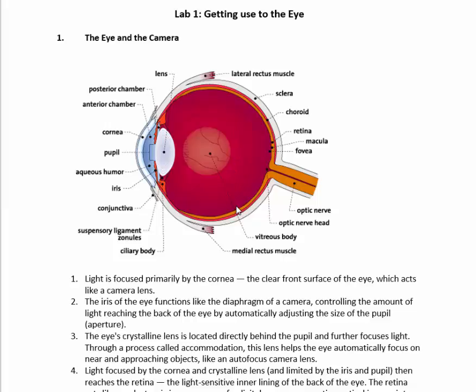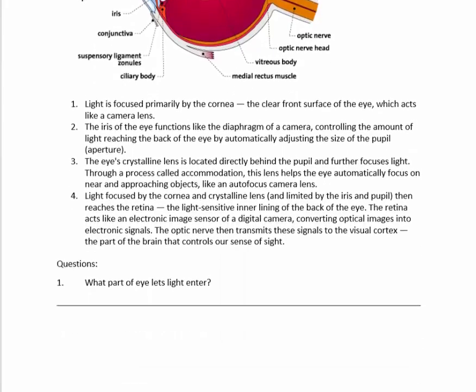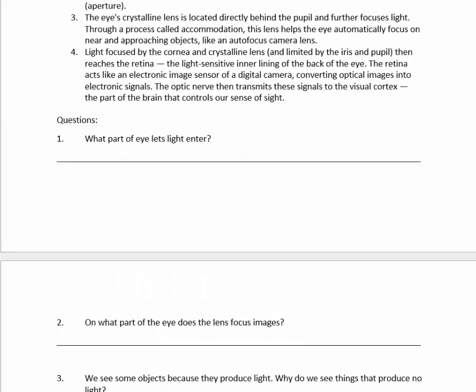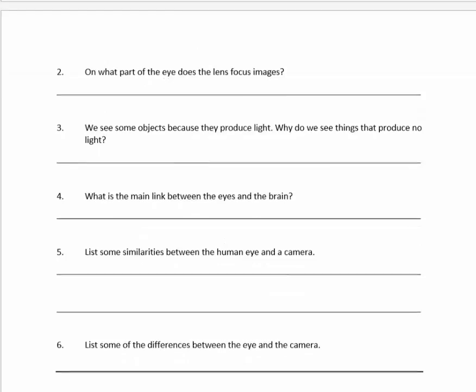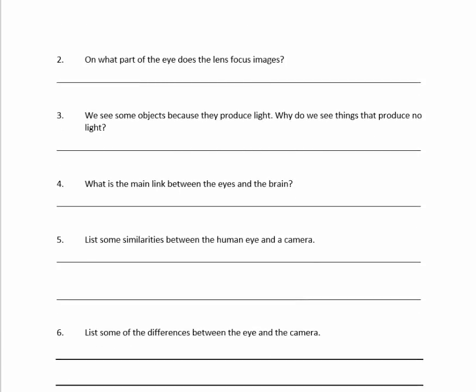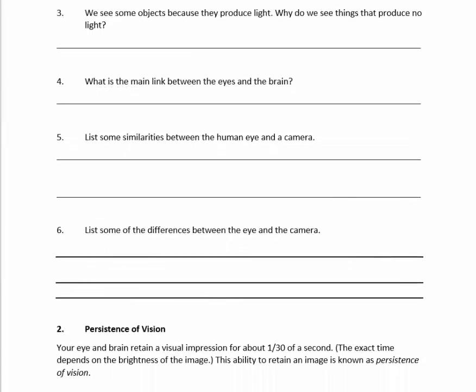I want you to have a fair idea of it so that when you use it for astronomical purposes, you know some very important functions that you're dealing with. All right, I want you to answer these questions. We talked about most of it anyway. Answer in full sentences as best as you can.